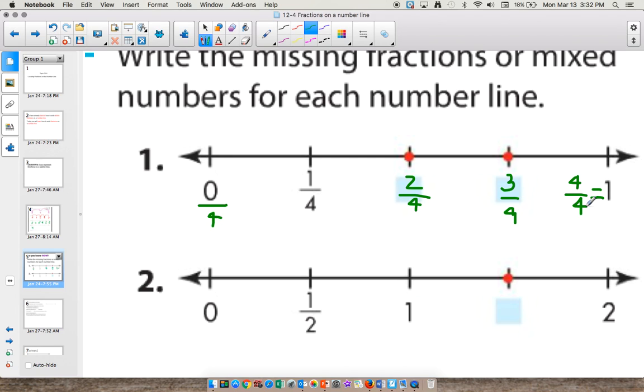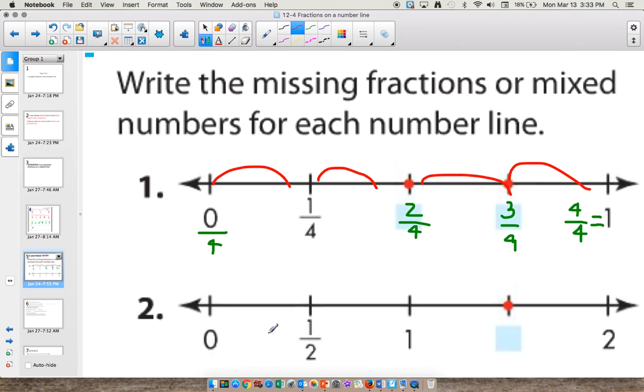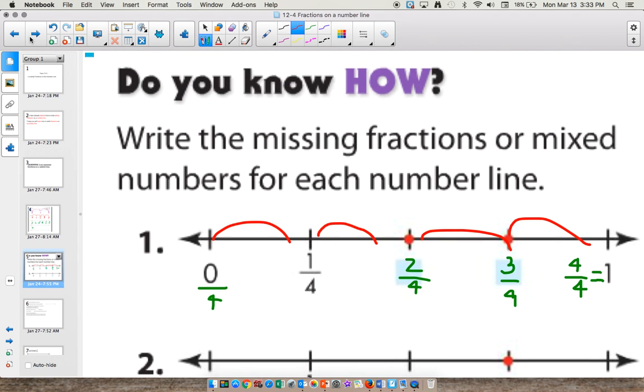And I'm going to just double check to make sure that this number line is divided into fourths. So I'm going to count: 1, 2, 3, 4. 4 sections. So I was right. We're just going to do number 1 for right now. We will learn mixed numbers later on.